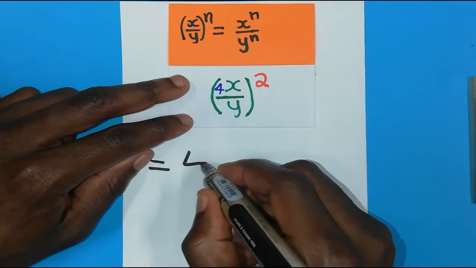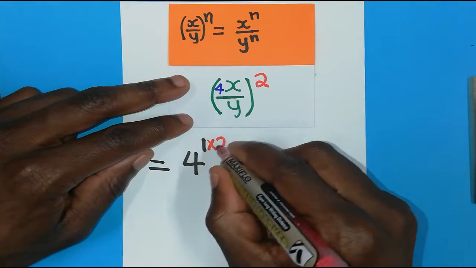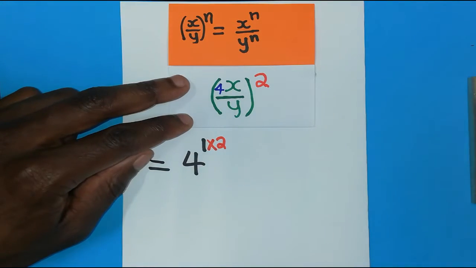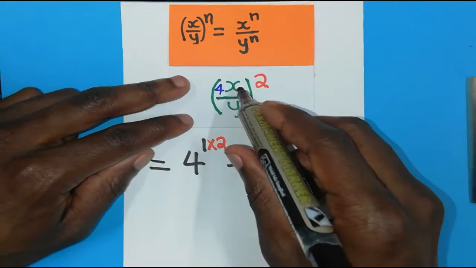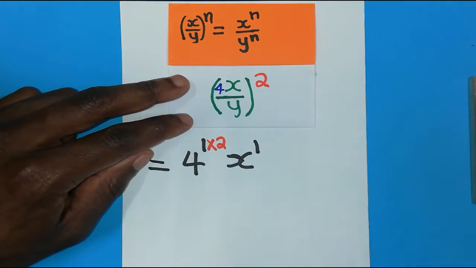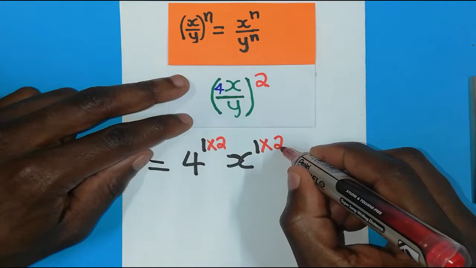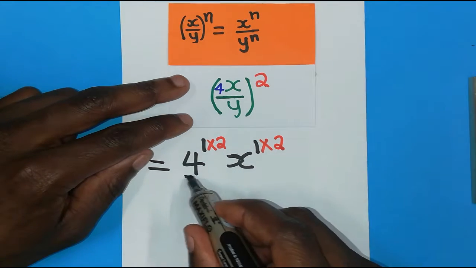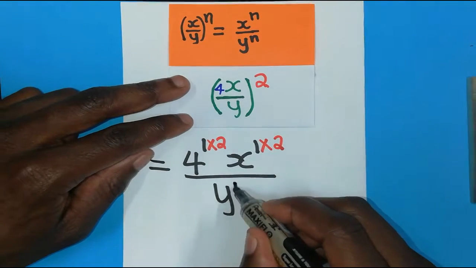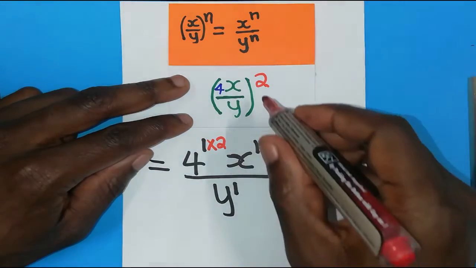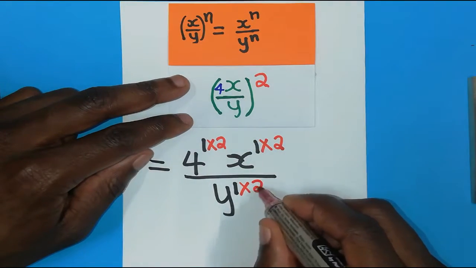So I'm going to write 4 and its exponent of 1, then I multiply that exponent with that 2. Then I write the first variable and its exponent, then I multiply that exponent of 1 with that 2. Then I divide by y. So y has an exponent of 1, and I multiply that exponent with the exponent 2.